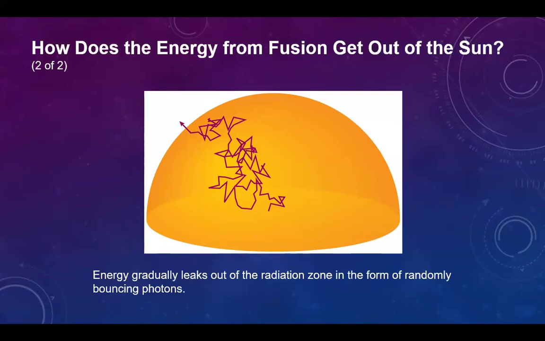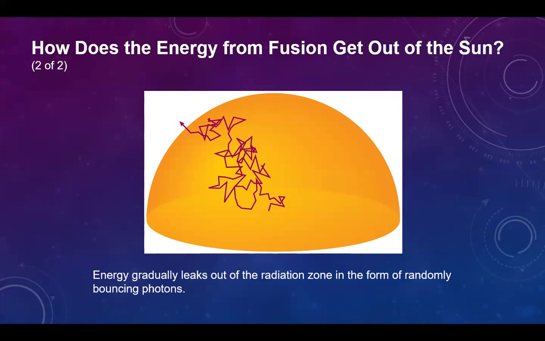So energy gradually leaks out of the radiation zone in the form of randomly bouncing photons, like this. It can take quite a while for a packet of energy to leave the core and make it to the end of the radiation zone.